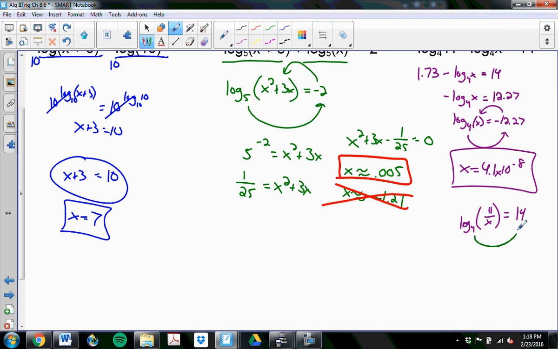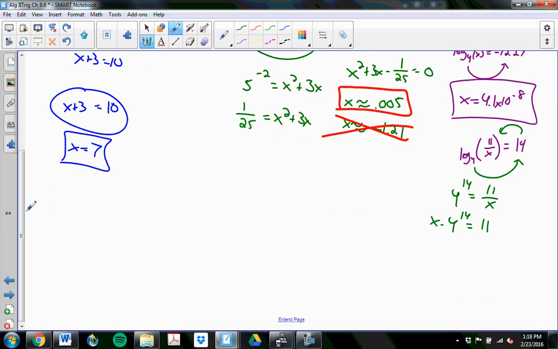We're going to get 4 to the 14th equals 11 over x. And then to solve that, I'd multiply both sides by x and divide both sides by 4 to the 14th. And this is going to be the same as this.